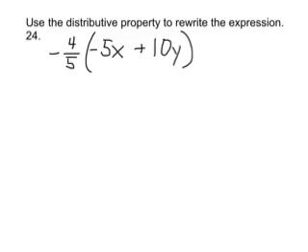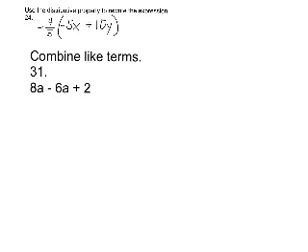So I'm going to go to problem number 31. Number 31 says, combine like terms. Now, we have 8a minus 6a plus 2. So 8a and negative 6a are like terms. So let's talk about like terms and unlike terms first.